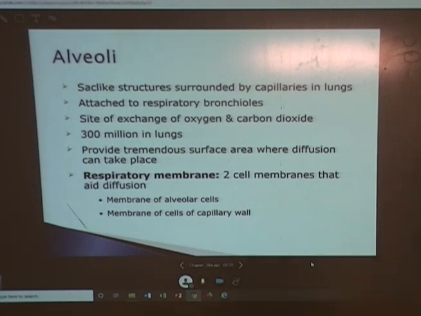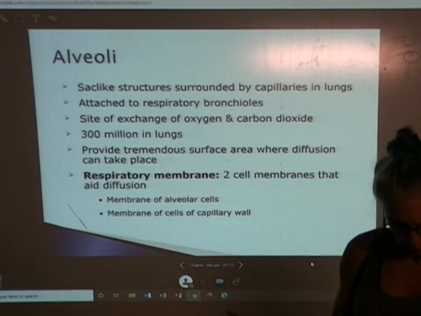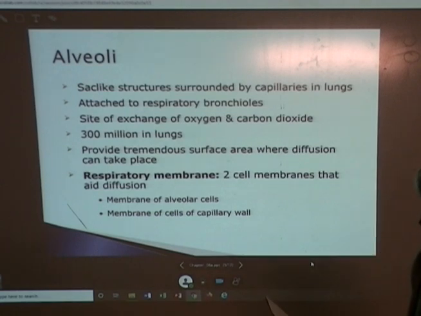All right, so you should know enough about the alveoli to follow. They're like little round sacs, little round balloons almost, and each alveolus, each balloon, is surrounded by a capillary network. So the blood-air barrier is very large.